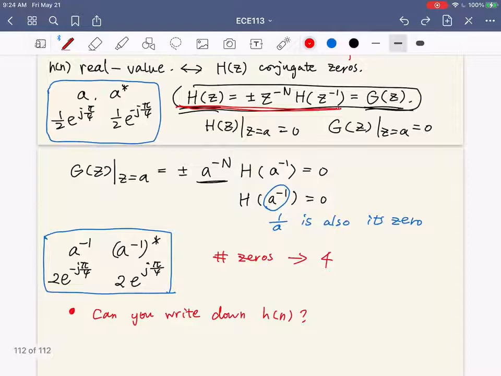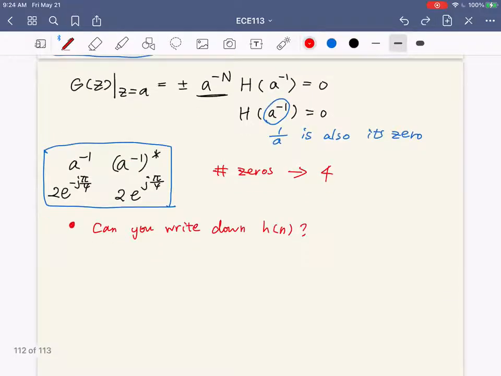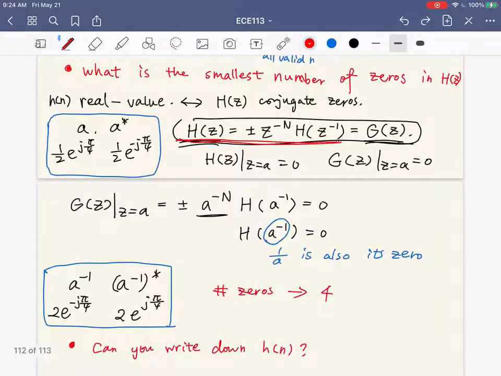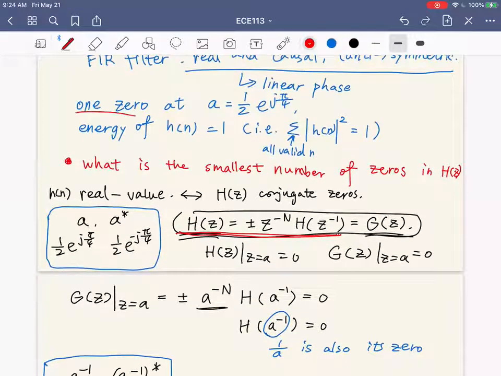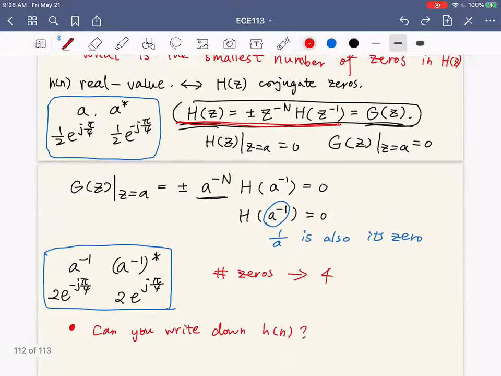You give me a chance to give a high level conclusion. Thank you. And my next question is, can you write down H of N? So let's see what we have done up to now. We are given a 0. We're given the energy of H of N. And now we have concluded the 4 zeros that must exist.